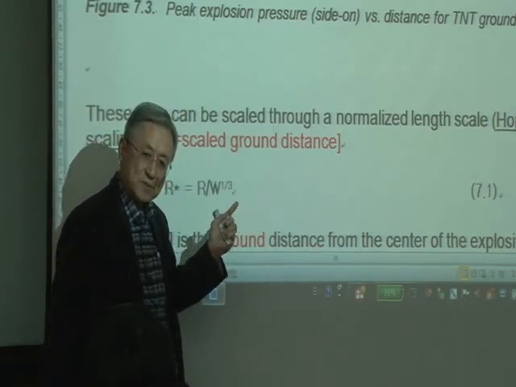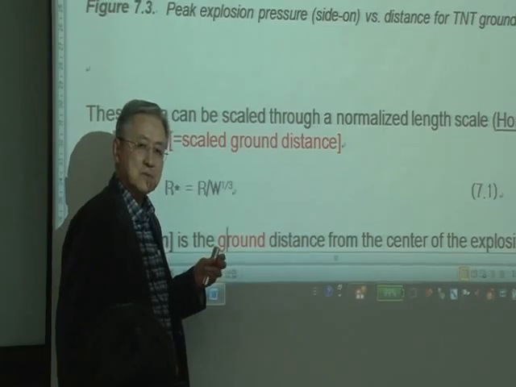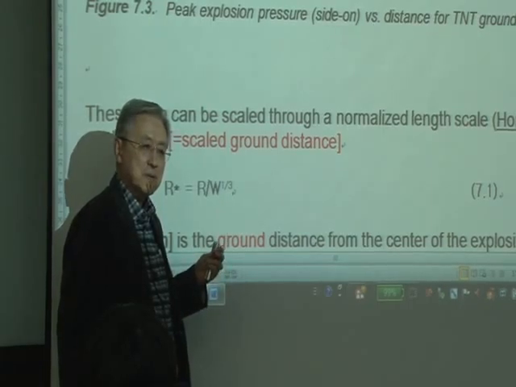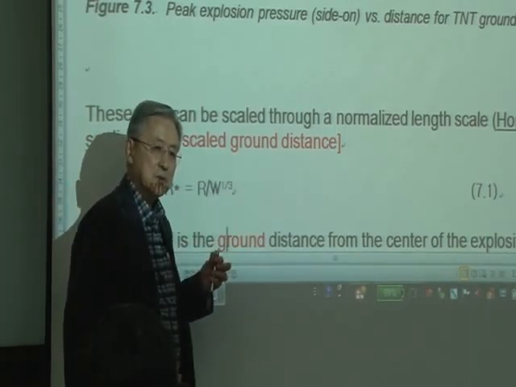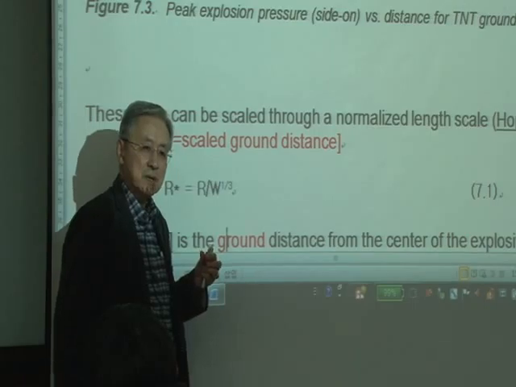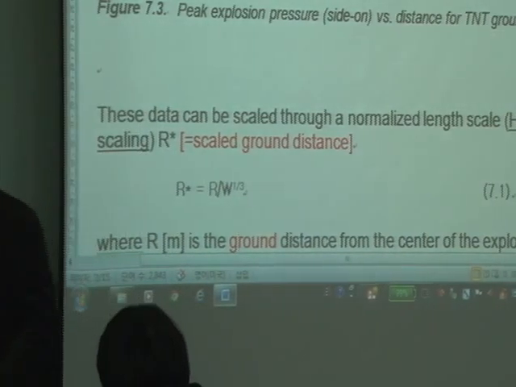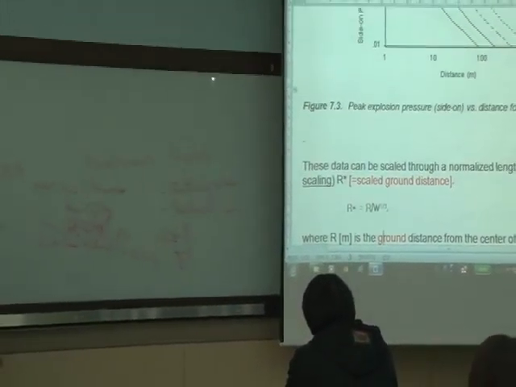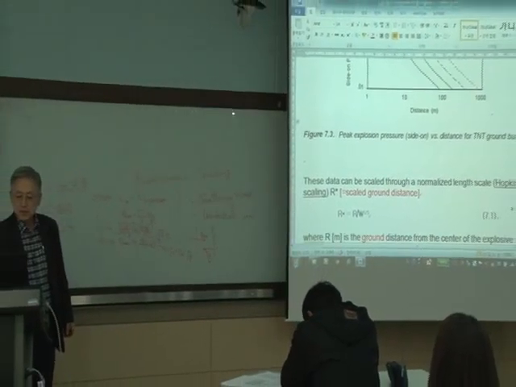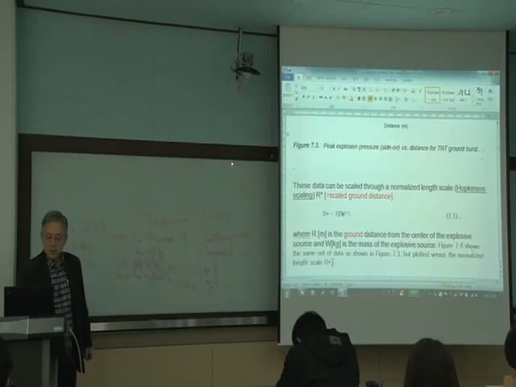I did not say much, but it just shows up like that. A lot of things show up like this, so don't confuse it. When I cover Hopkinson's scaling for an hour in November, I think you will see it all in and out. Over here, just accept that R star is equal to R over W to the 1/3 power.